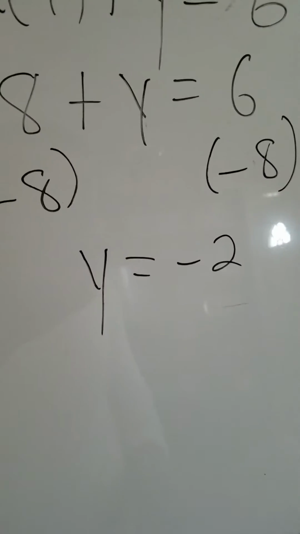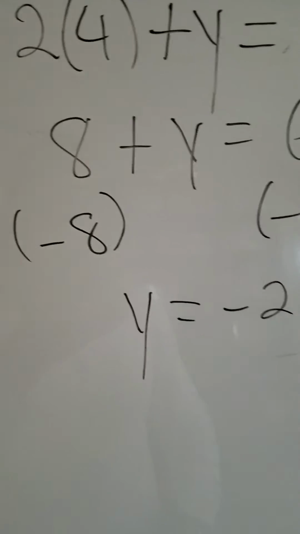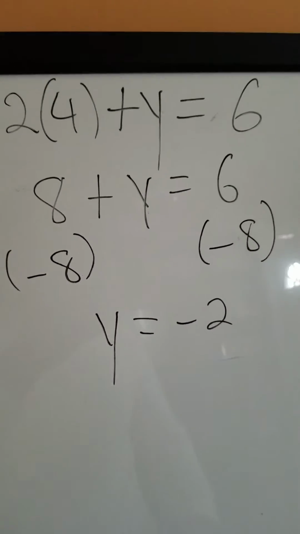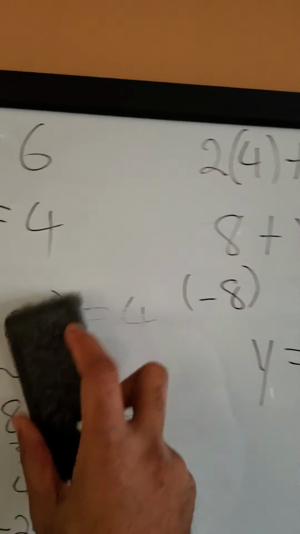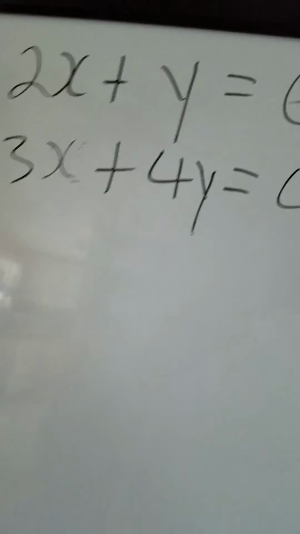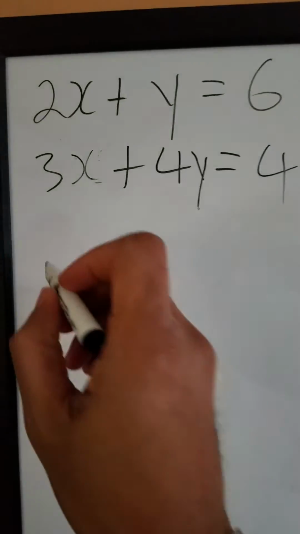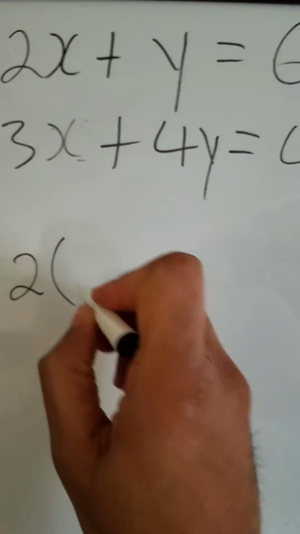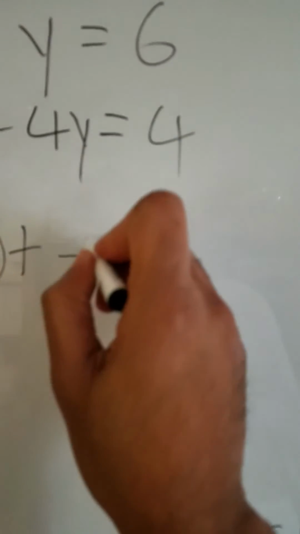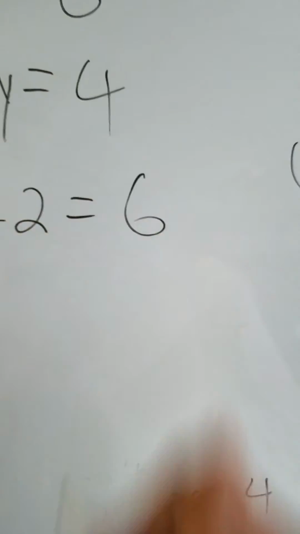It's always good to give a quick check just to ensure that these two values will actually work inside your equation. So I'm going to go back, choose one of the equations, and I'm going to plug in both values of x and y and see if our equation turns out to be true. 2 times x, which is 4, plus y, which is negative 2, should give me 6.